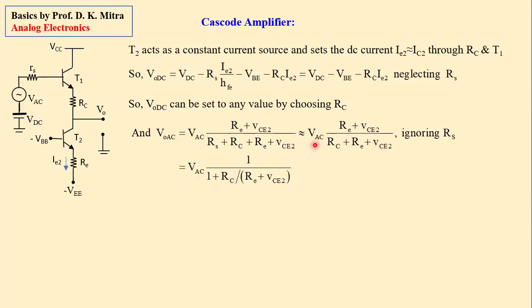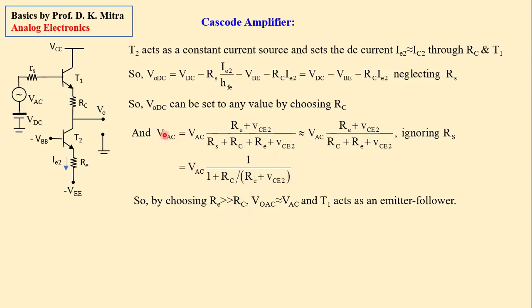If you take this factor RE plus VCE2 out, it is 1 upon 1 plus RC over (RE plus VCE2). Now, by choosing RE much more than RC, this factor can be ignored.